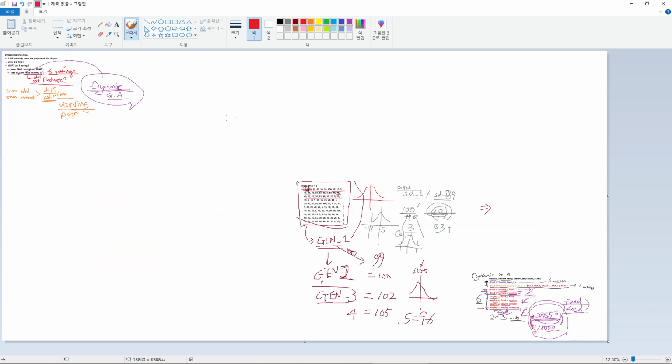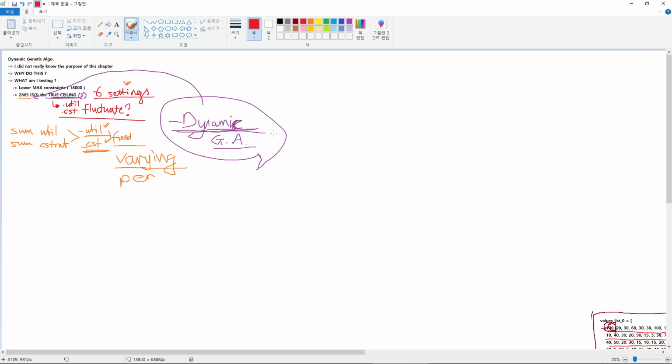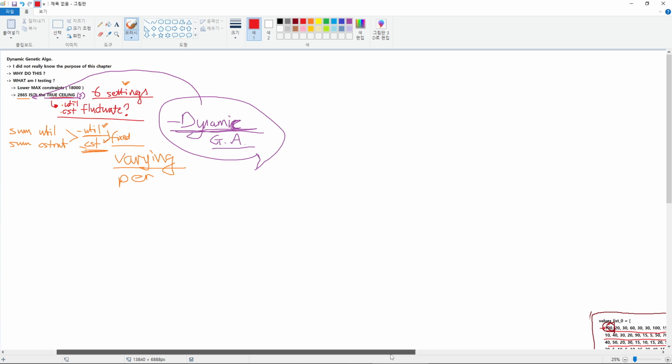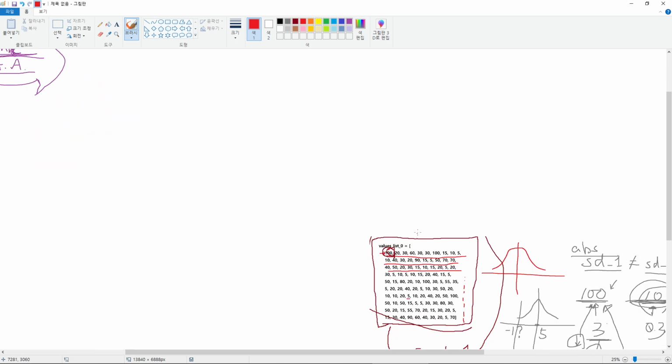another new idea could be that for now, this set of values, the utility values list, changes per generation. And that's the whole premise of it.